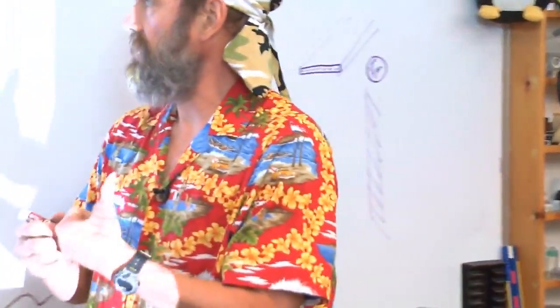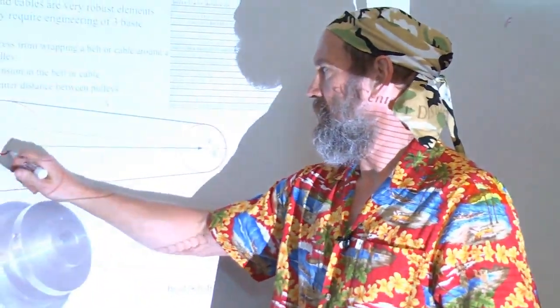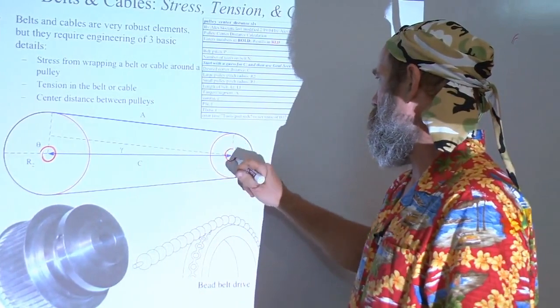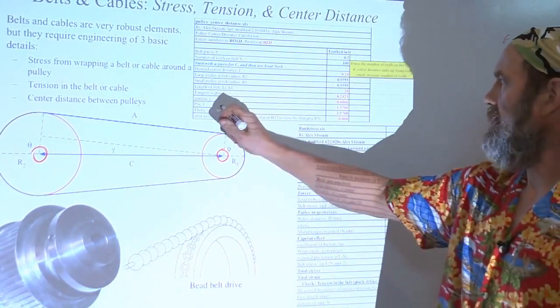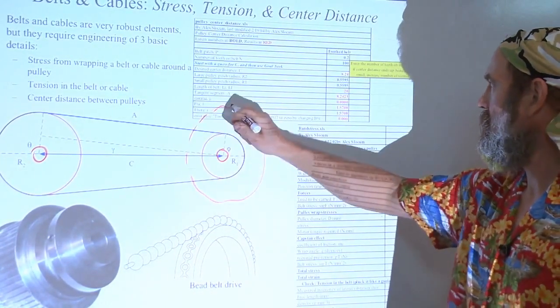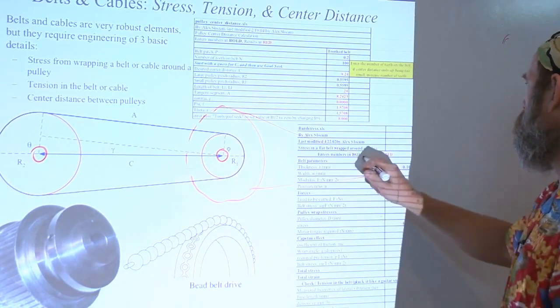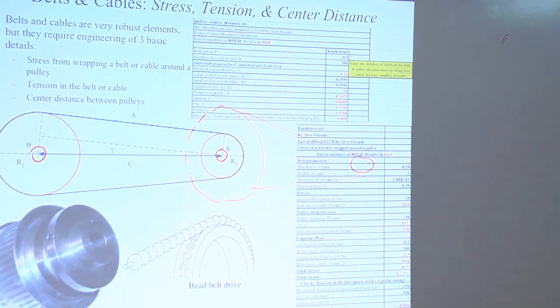So you see what we're doing here is the motor, in this case, was on the big pulley, driving the little pulley. Stacked on top of it was another big pulley, driving another smaller pulley.